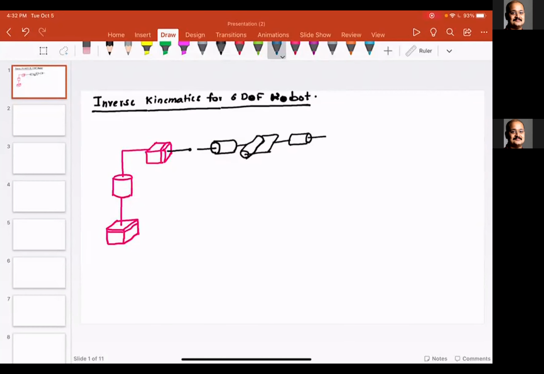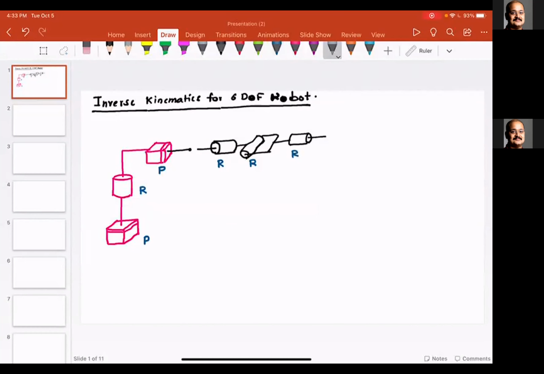So this would be my first prismatic joint, second revolute joint, third prismatic joint, and then the revolute joint and revolute joint. As you can see, this robot is fairly complicated.